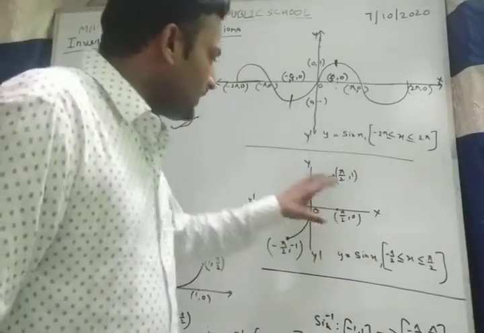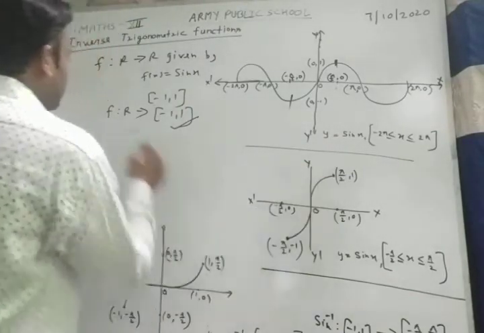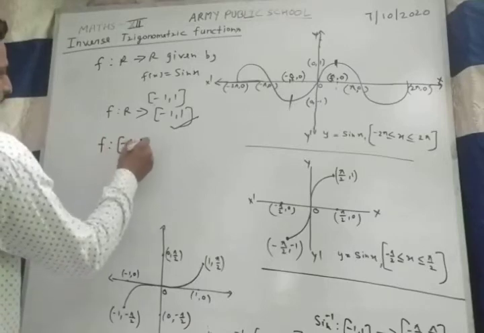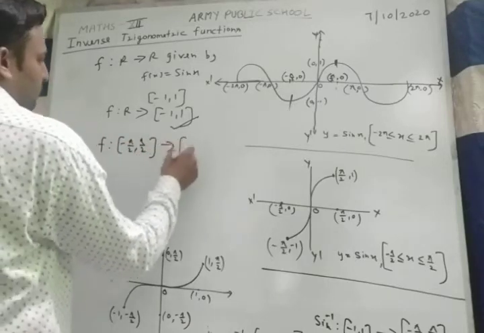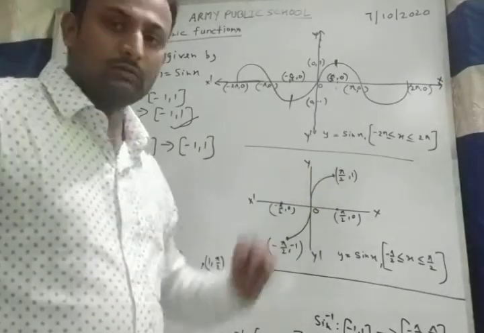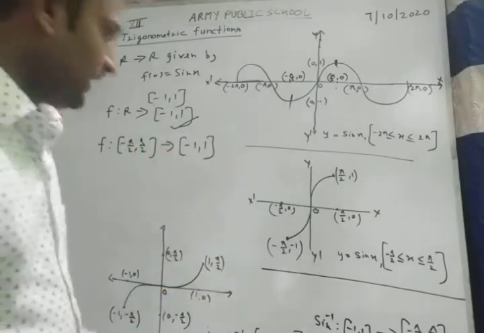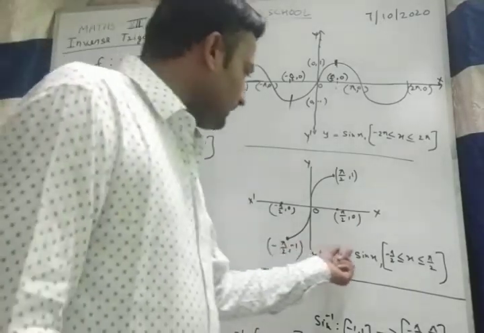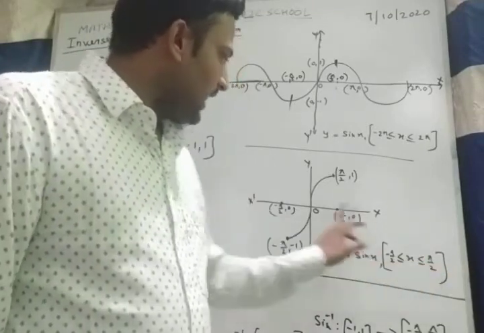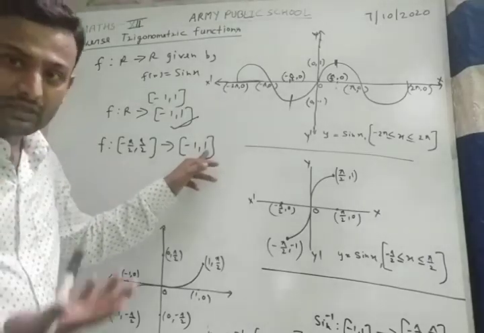Now we see that in this region, the domain minus pi by 2 to pi by 2 maps to minus 1 to 1. This function is one-one and onto, with domain minus pi by 2 to pi by 2 and range minus 1 to 1.